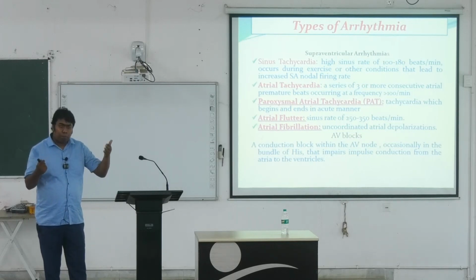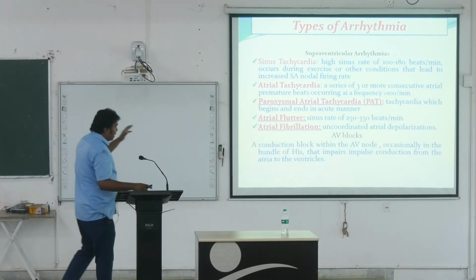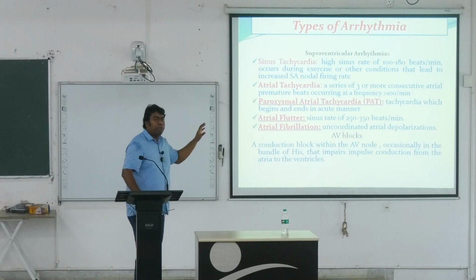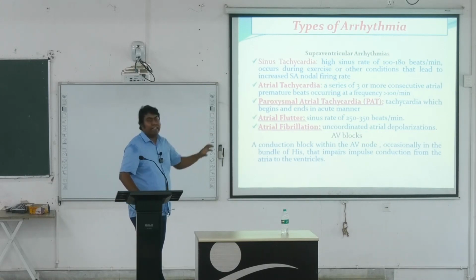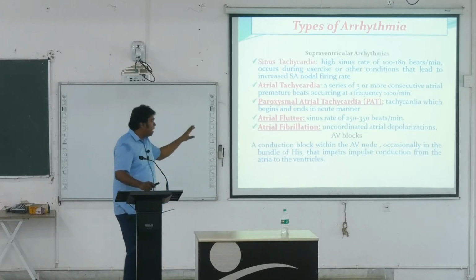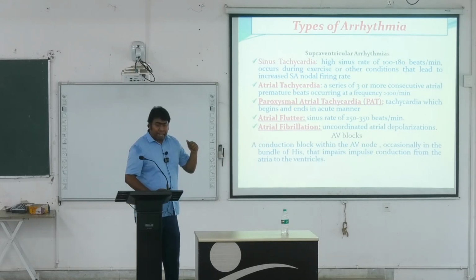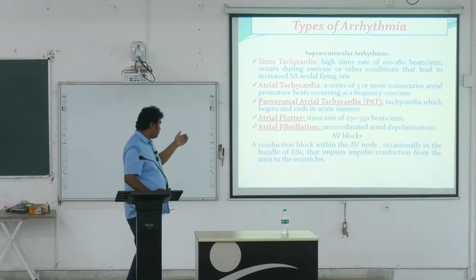P morphology is normal in case of sinus tachycardia, but in atrial tachycardia P has a different morphology because it is generated from the atrium other than the SA node. Next is paroxysmal atrial tachycardia. Here also it is atrial tachycardia, but it appears suddenly, paroxysmal, acute onset.